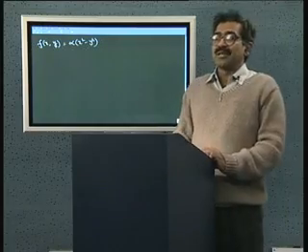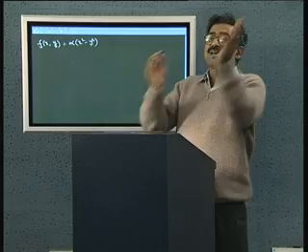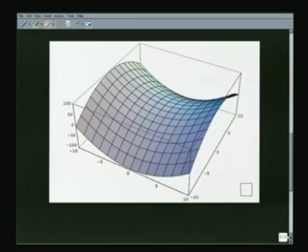Now, this function is something that cannot be drawn so easily, or even picturized by rotating it. Therefore, what we shall do is show you a nice computer generated picture, and let us look at that. So, this is the function which has been generated. It is a very simple function, as I told you, which is simply given by x squared minus y squared.